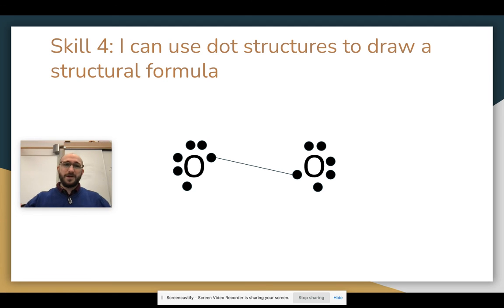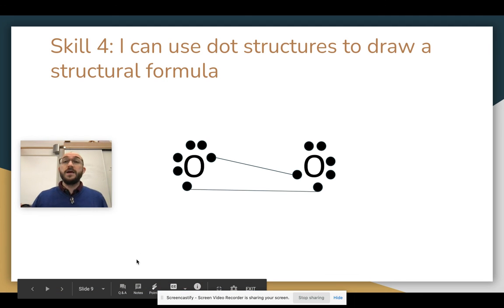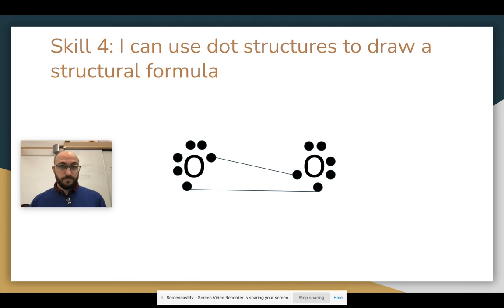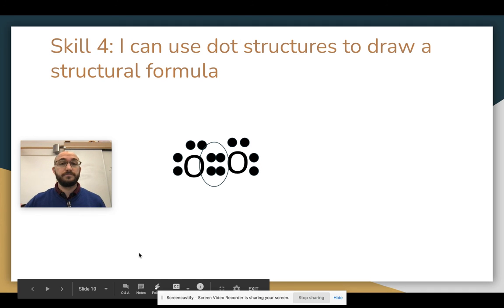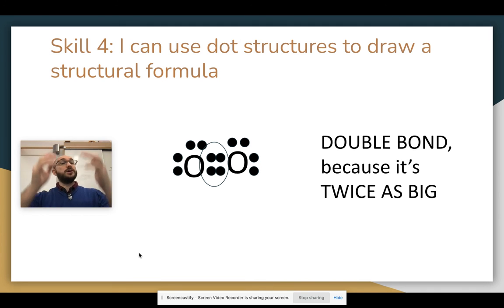But they're still not happy. They want 8. So they say, well, what if we, at the same time, also share these 2? That way, I share 2 with you, you share 2 with me. Both now have 8 valence electrons. We would draw it like that, and we would call it a double bond because it is double the bond.